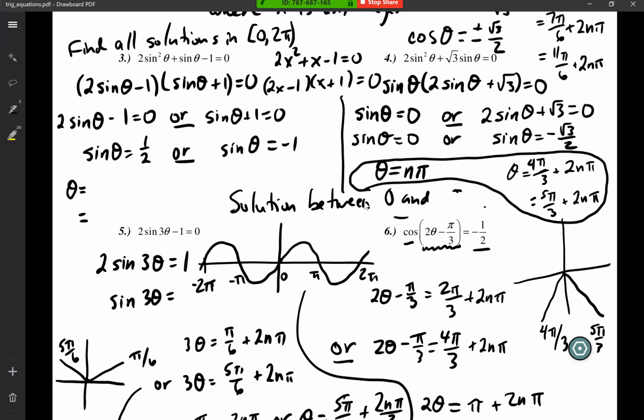So for this first one, the sine is positive. So we're looking in what quadrants? 1 and 2. And we're looking for when it's equal to 1/2. So the angle in quadrant 1 that gives you a sine that's equal to a half is what?